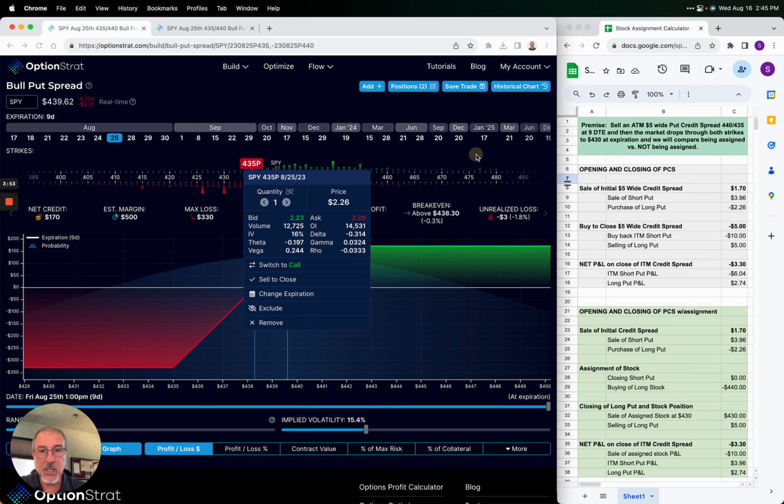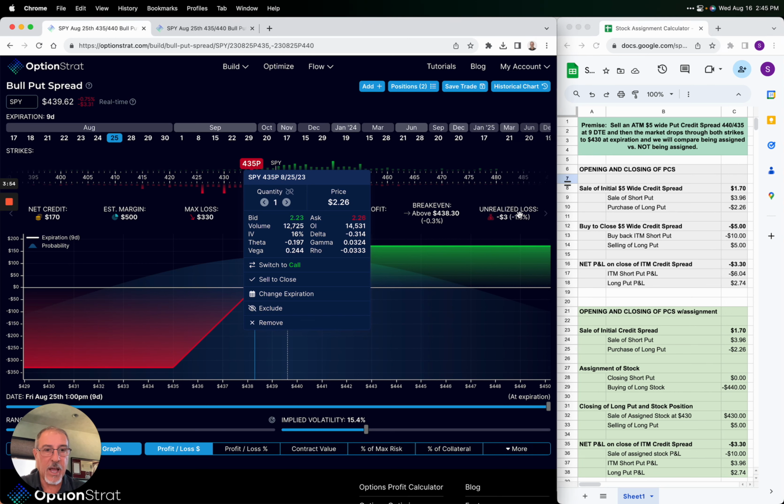So it's going to cost us $5, or of course, as we all know when we're talking options, this is the per share price. This all has to be multiplied times 100. So it's going to cost us $500 to close this spread. Now, we took in $1.70 when we sold it. That is our net loss then of $3.30 if our spread gets entirely run through.